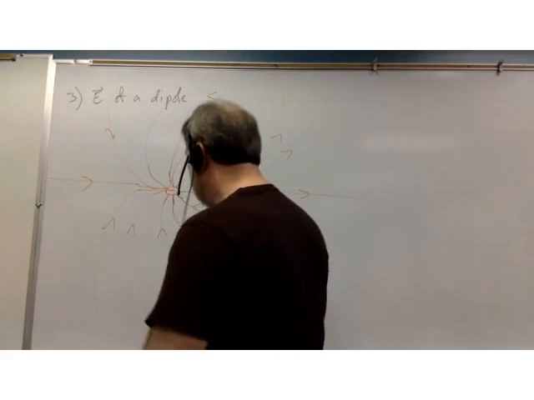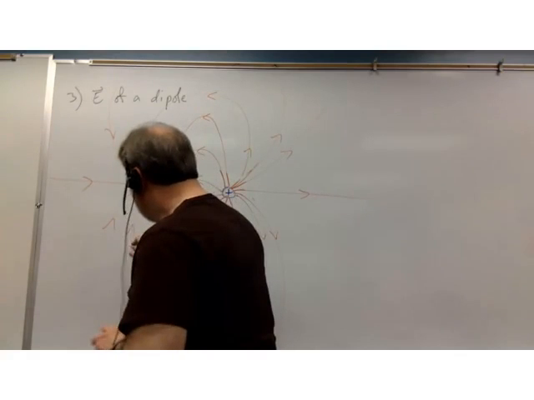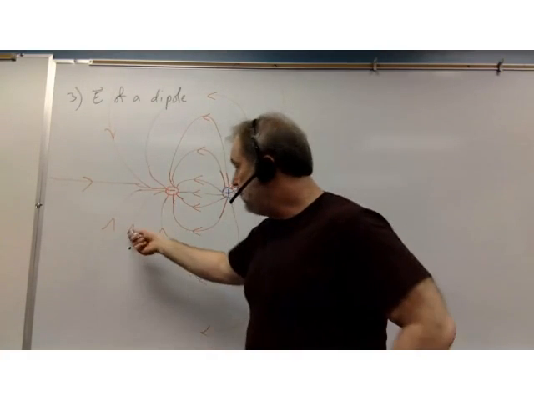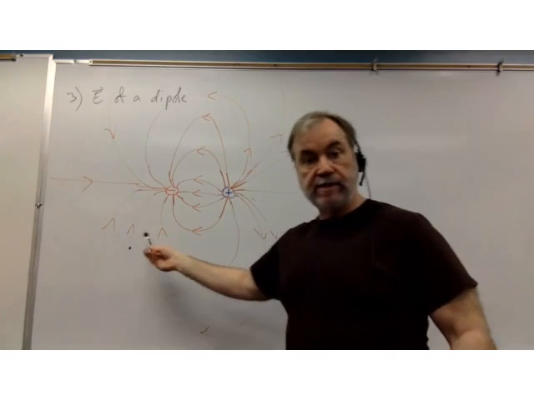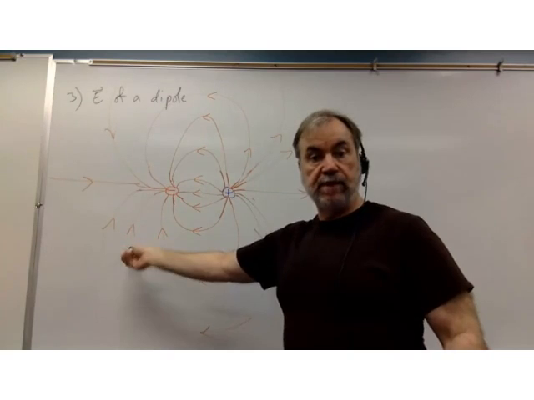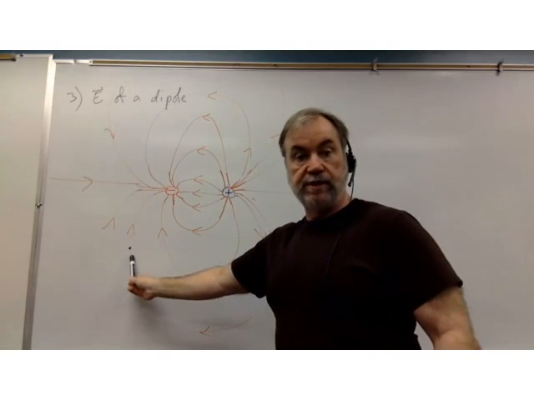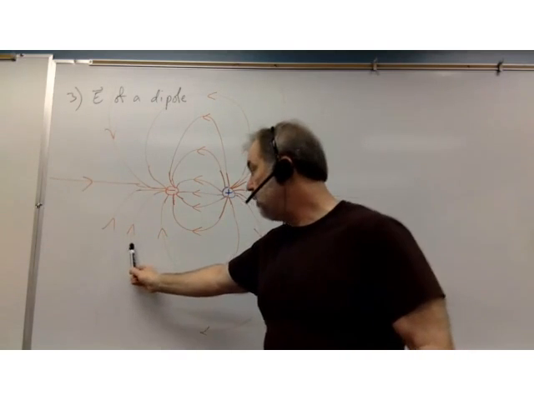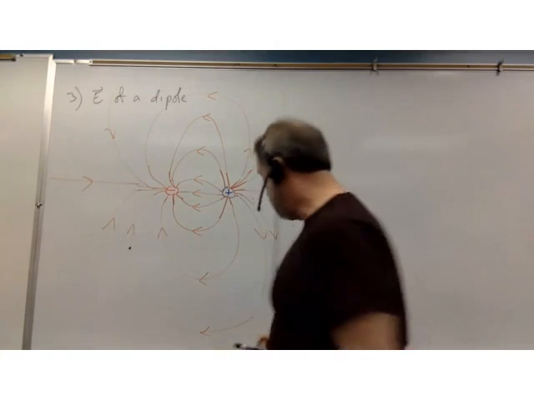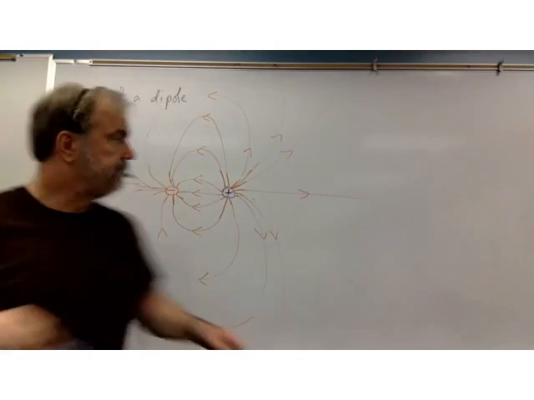So this point in space here. Now, according to my drawing, the prediction is this field line pointing this way suggests that the force on a positive test charge, if I were to place it right there, would point kind of upward like this, almost but not quite vertical. Let's see if that makes sense.